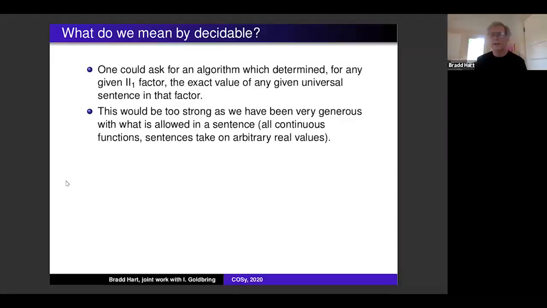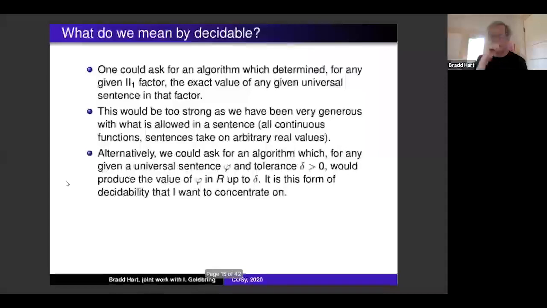So there's no way you're going to get some, say, at least theoretical computer algorithm that's going to tell you the exact real value of some sentence, particularly some sentence which is using some incredibly complicated continuous function. So what we're really going to want to do, and this will turn out to be enough, is that we could ask for an algorithm which, given a universal sentence, and I'll say something more about this in a second, and given some tolerance delta, would produce the value in R of that sentence up to delta.